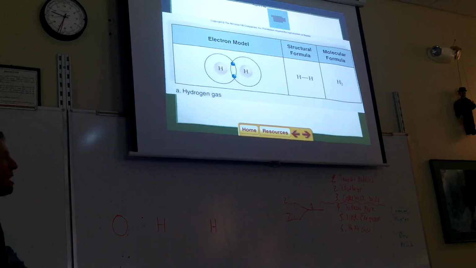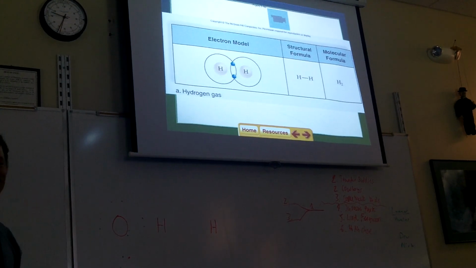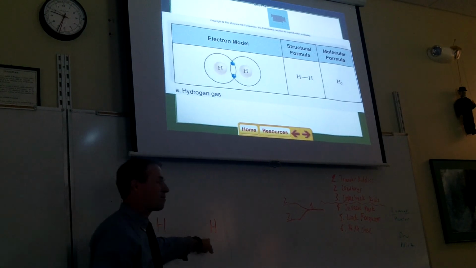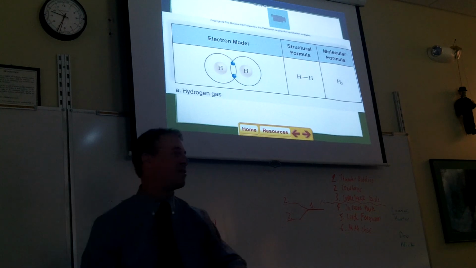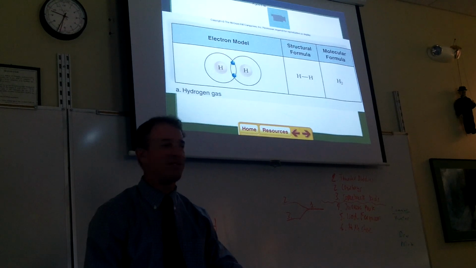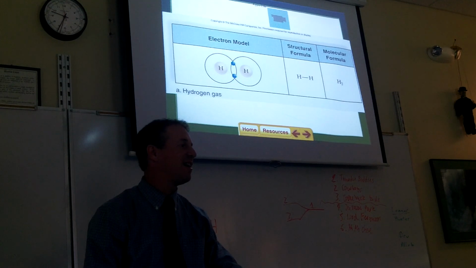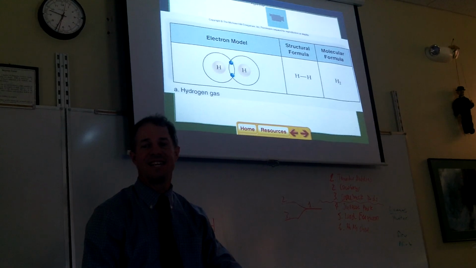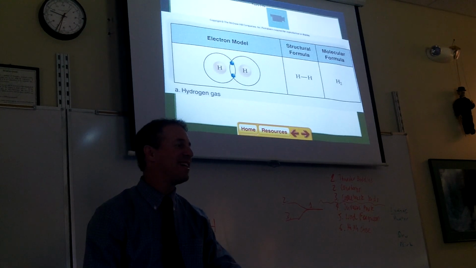Which elements are diatomics? That means they share electrons with themselves. Hydrogen's one of them. There's 6 other ones. I'll give you 10 seconds.